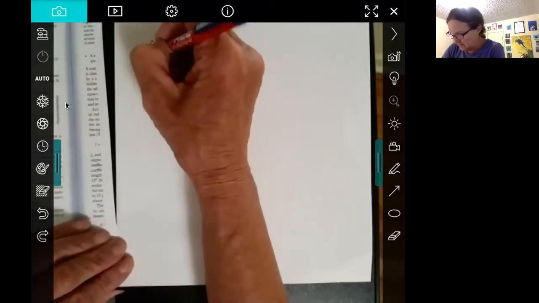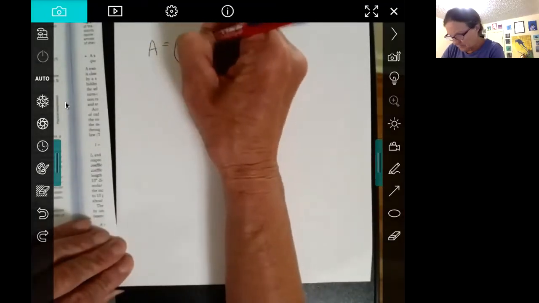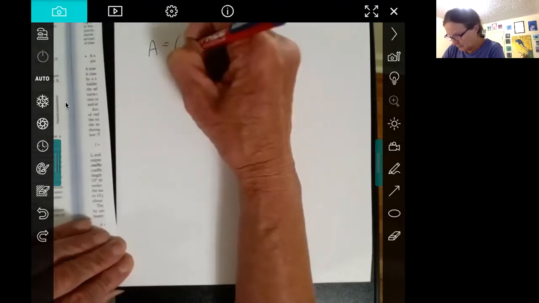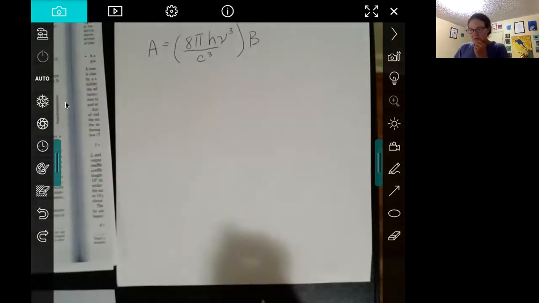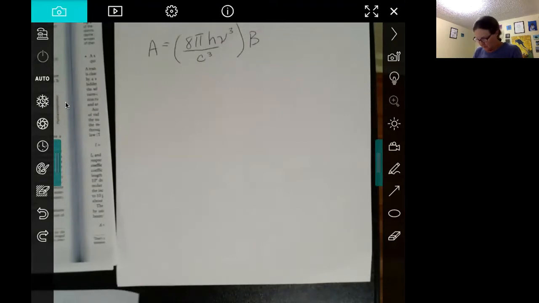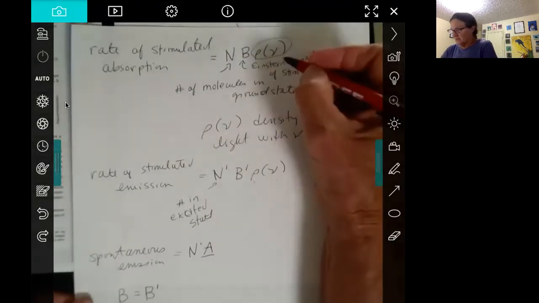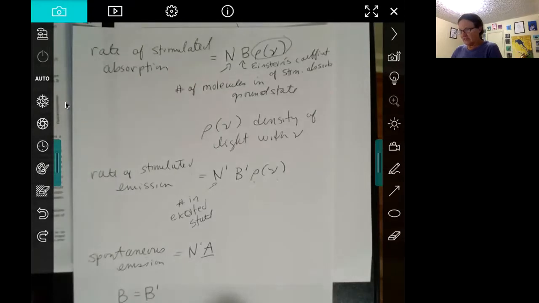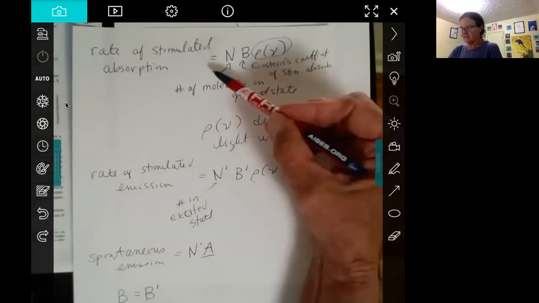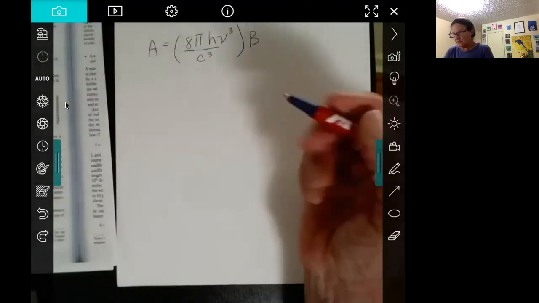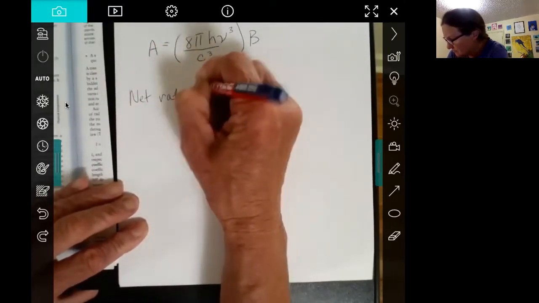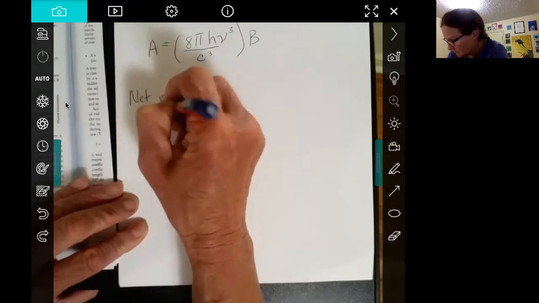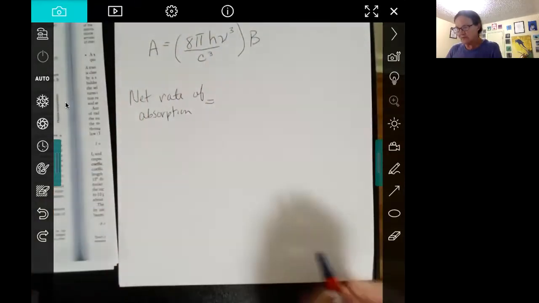And A is related to B, then we can put that back into our equation for stimulated absorption, and we can add those two together because when light's emitted, it essentially cancels some of the absorption. So if we look at the net rate of absorption, it's going to be the sum of those three terms.